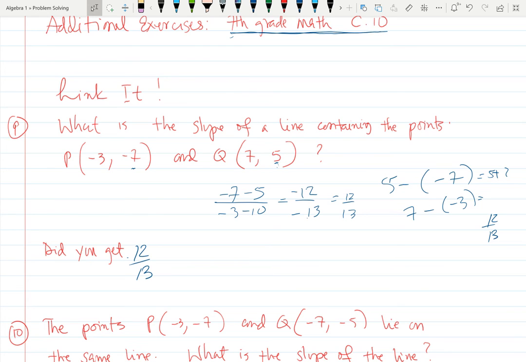We want to find the slope of this line here. Your slope is the difference in your y's divided by the difference in your x's. So you can do negative 7 minus 5 divided by negative 3 minus 7.